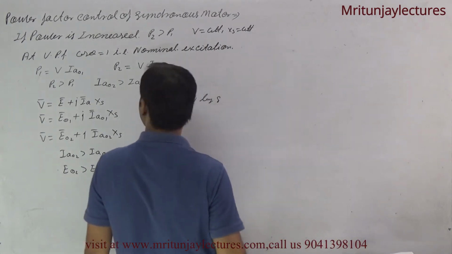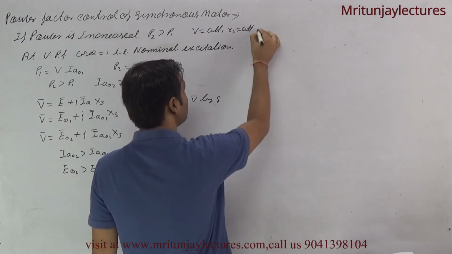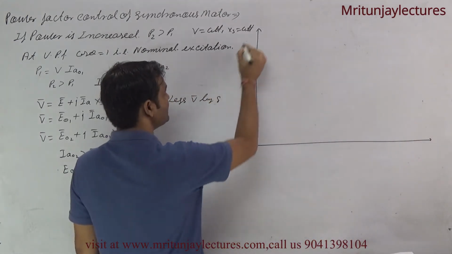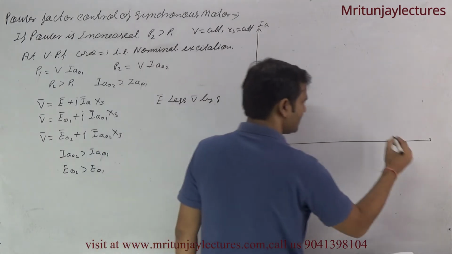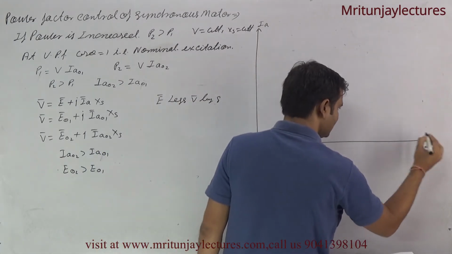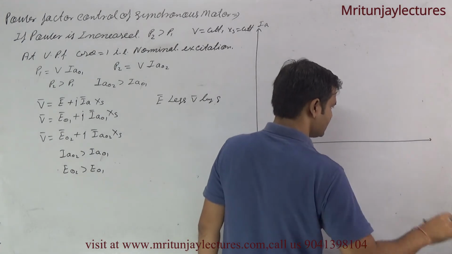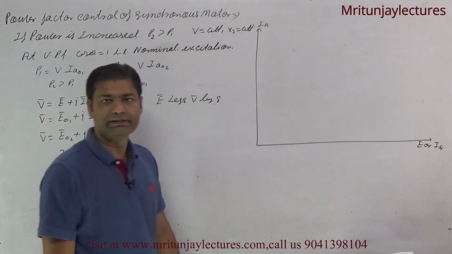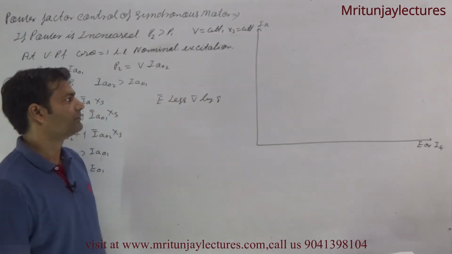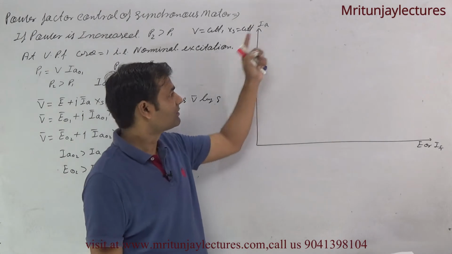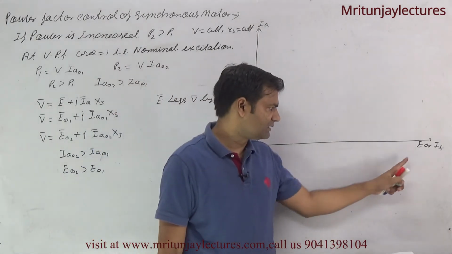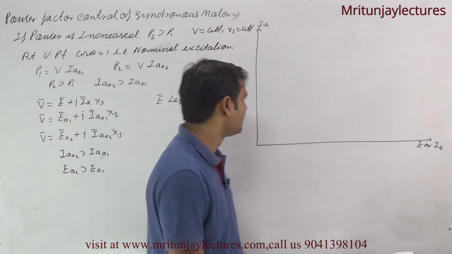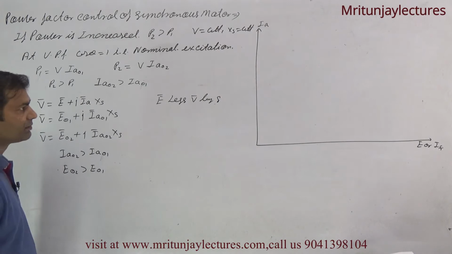The V curve means armature current versus field excitation, which is proportional to IF, or you can say excitation voltage versus armature current. Now, what is the effect on the V curve?